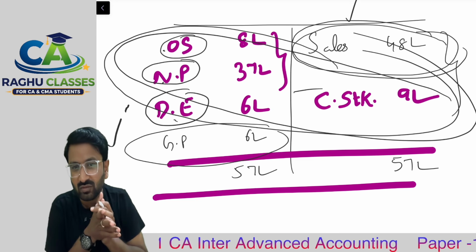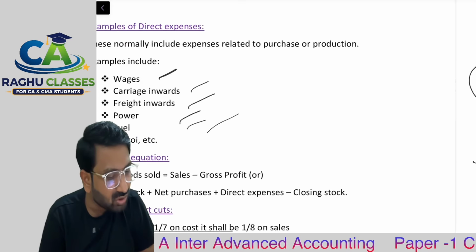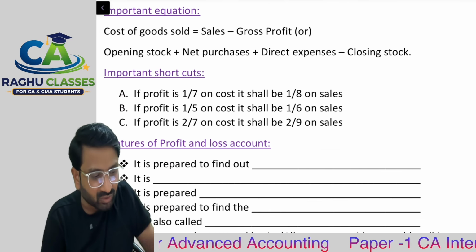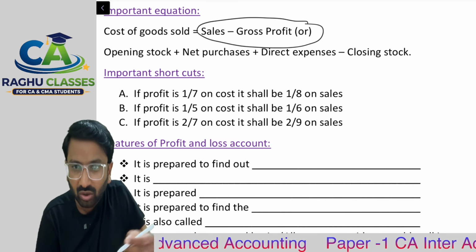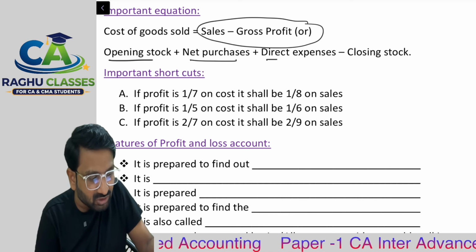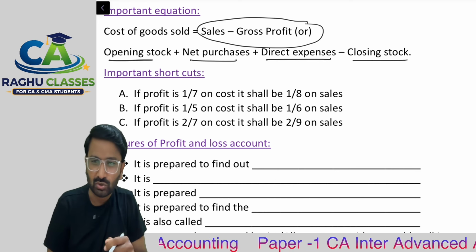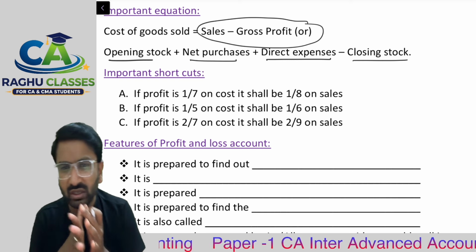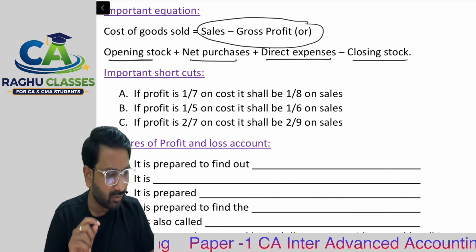That is going to give me cost of the goods sold, which can be calculated by using either of the equations, either sales minus gross profit or opening stock plus net purchase plus direct expenses minus closing stock.